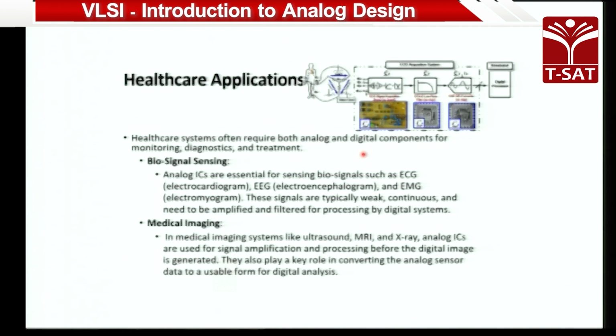So definitely analog is there, and in that case biosignals, medical imaging, all those examples are shown here. There are diagrams which show these signals coming from the body in multiple parts, getting into these ICs, and these ICs are all analog.